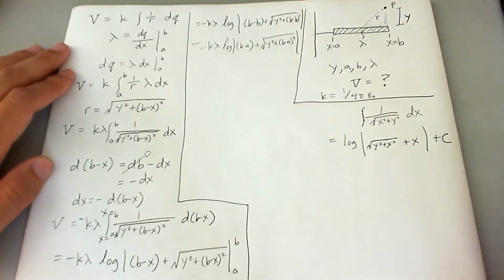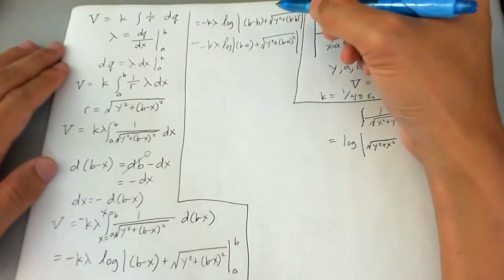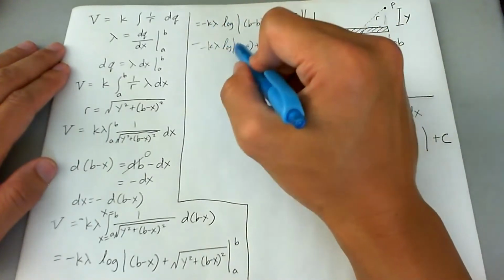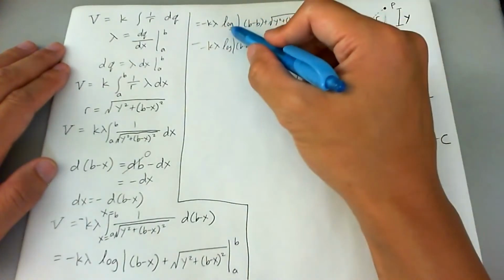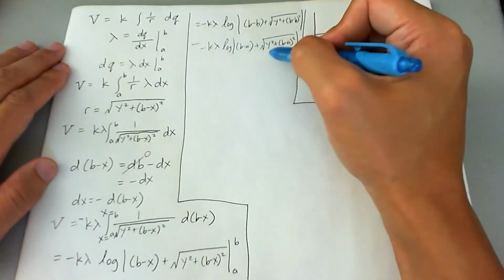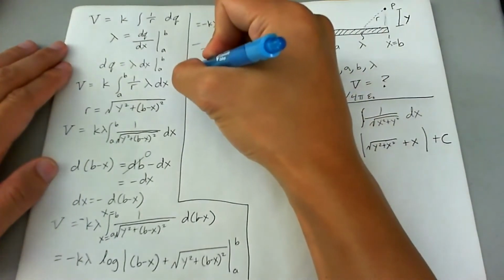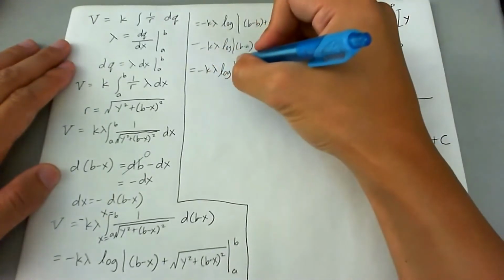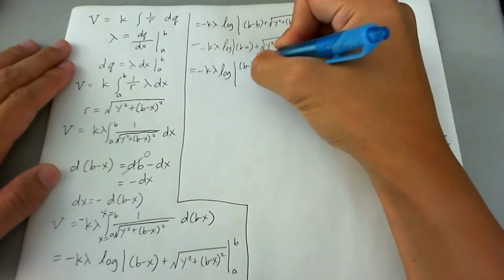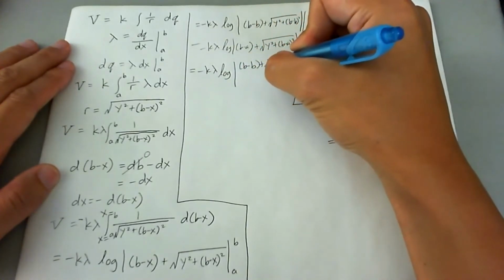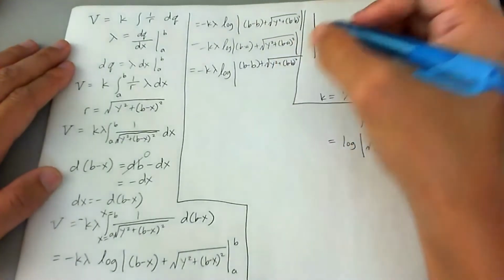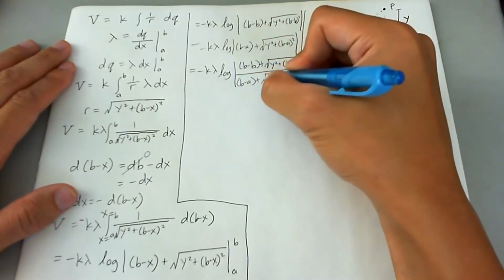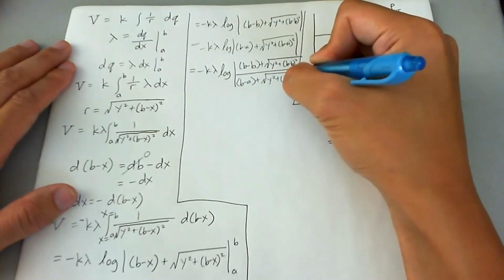The rules of logarithms say that if you have a log of one argument minus a log of another argument, that is the same as the log of the first argument divided by the second argument. So this becomes negative k lambda log of b minus b plus the square root of y squared plus (b minus b) squared, divided by b minus a plus the square root of y squared plus (b minus a) squared.